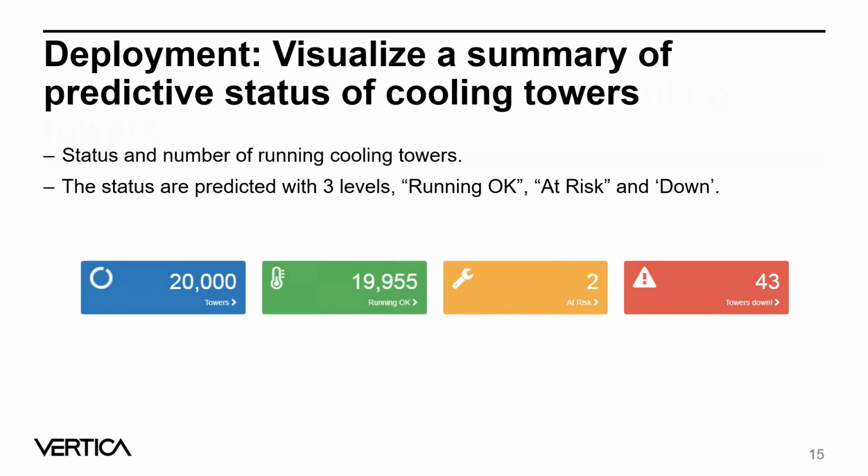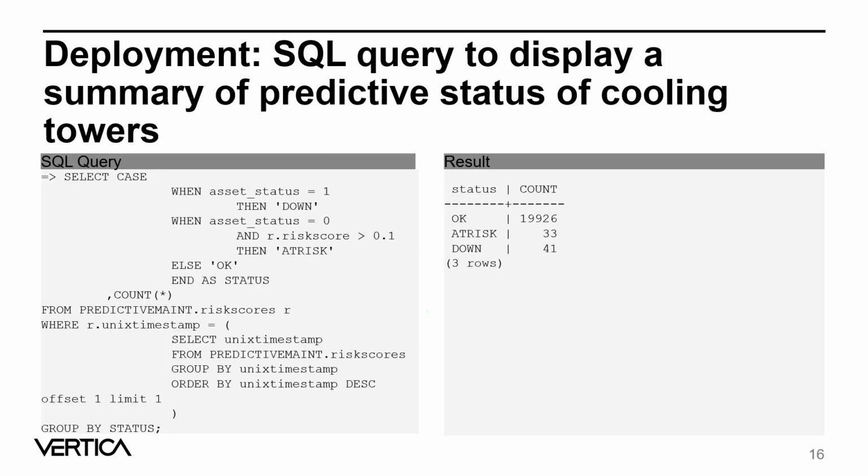The status has 3 levels: running okay, at risk, and down. At risk means the possibility of failure is 70% or more, and down is completely down. That is the kind of dashboard we can see. Then please go to the next slide.